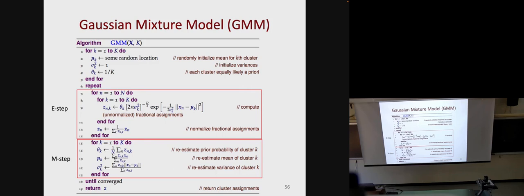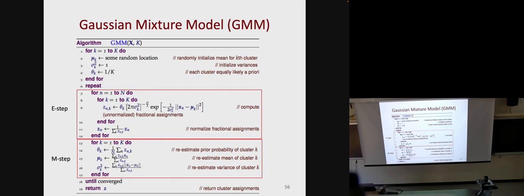If you remember, in k-means we had a hard assignment. Here we have a soft assignment. So in some sense, all the points have some component of, let's say, the green cluster. When we update the green cluster, all the points have some component of green in them. Maybe some have very little, like 1%.